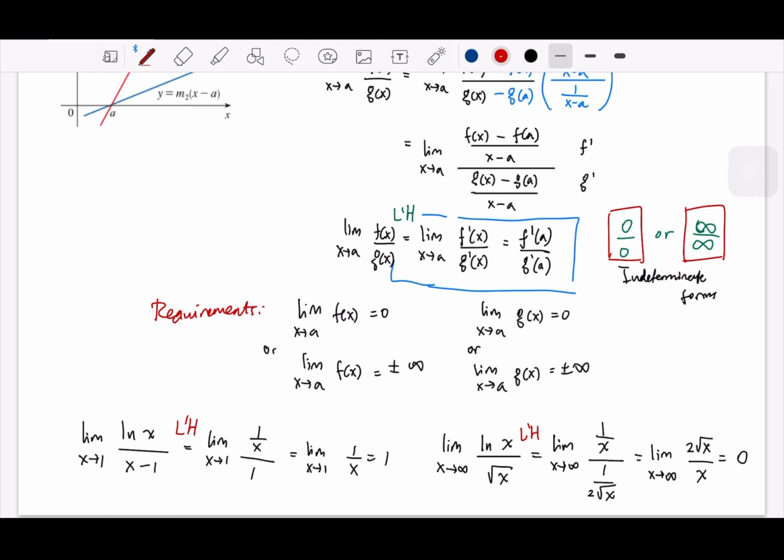So it's going to be 1 over x. And when you take the x inside, 1 over 1 is just 1. And so we finish the results. Same thing over there, you can differentiate and you can get the results.